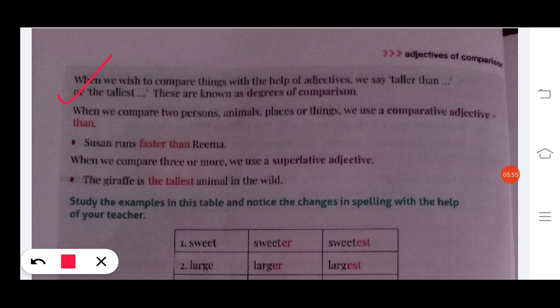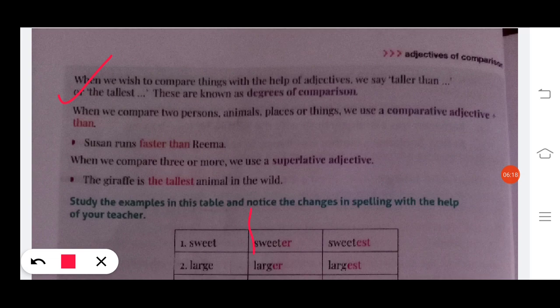So in the comparative we use er plus than, and when we use the superlative adjective, we use the plus the superlative adjective with est. The giraffe is the tallest animal in the wild.